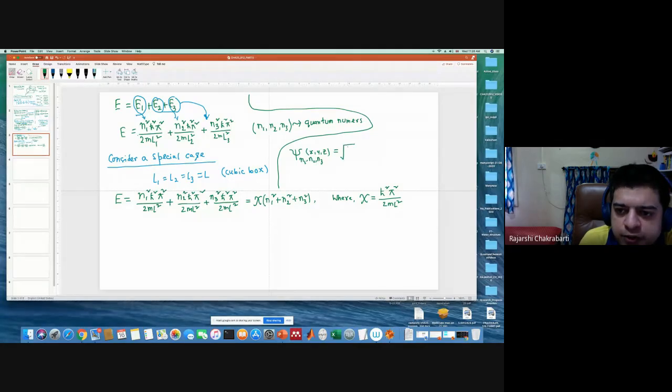In general, it is going to be 2 by L1 sine n1 pi x by L1 into 2 by L2 sine n2 pi y by L2 into 2 by L3 sine n3 pi z by L3.